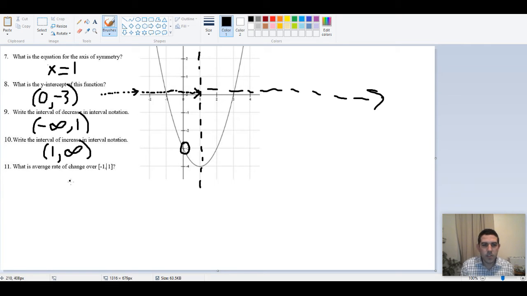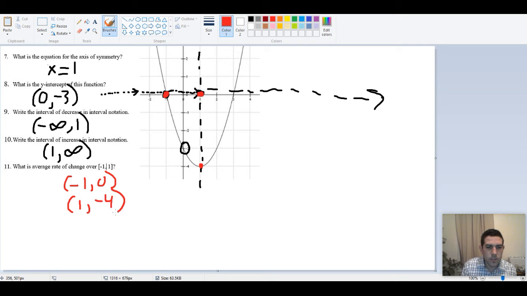And then lastly, the average rate of change. This one gave us some troubles. The interval is negative 1 to 1, which means negative 1 on the x-axis, this point right here, and positive 1 on the x-axis, this point right here. That means this point is negative 1, 0, and the other point is positive 1, negative 4.